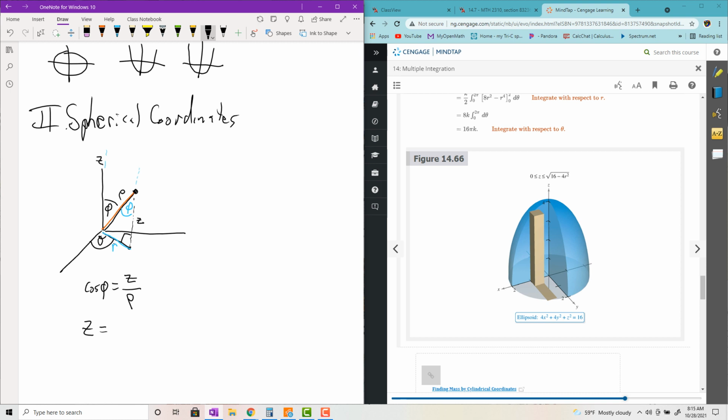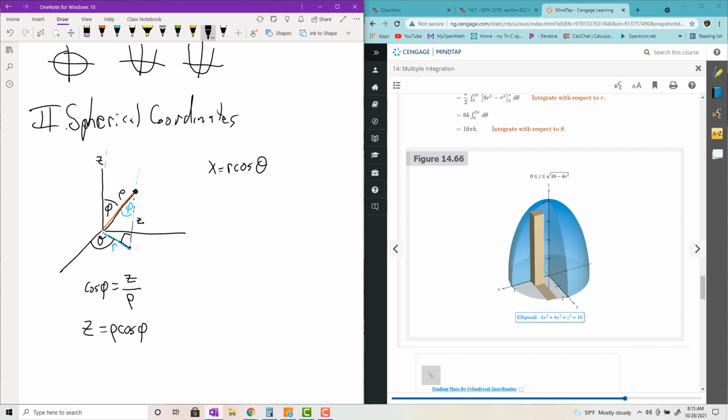So z in this case is not just z. You're going to be able to convert it to rhos and phis. So it's going to be z = rho cosine phi. And then I need formulas for x and y. So for x, you can start by using the polar conversion formula, x = r cosine theta. Then what you're going to do is get a formula for r.